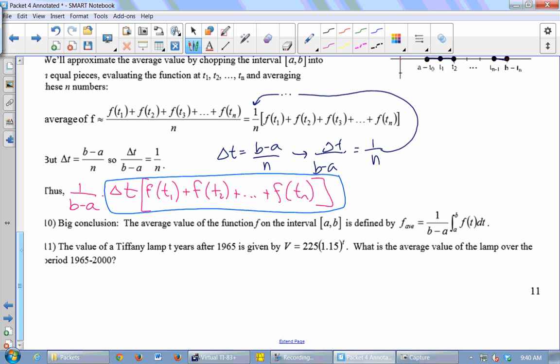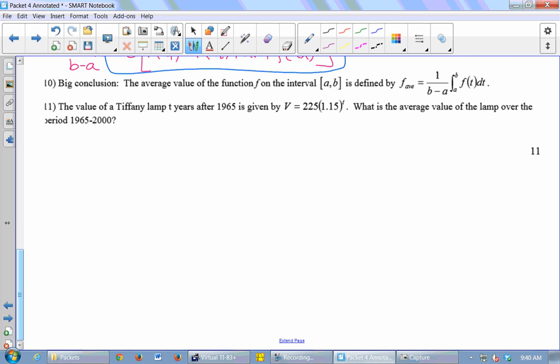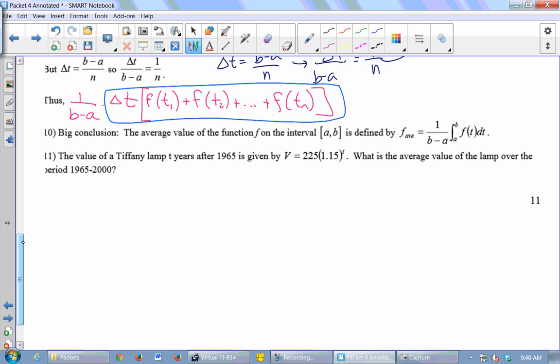All right, so one quick example where we'll use this formula. The value of a Tiffany lamp t years after 1965 is given by this exponential function. So the value is increasing by 15% per year. What's the average value of the lamp over the years from 1965 to 2000? The average value of a function is just 1 over b minus a times the integral from a to b.